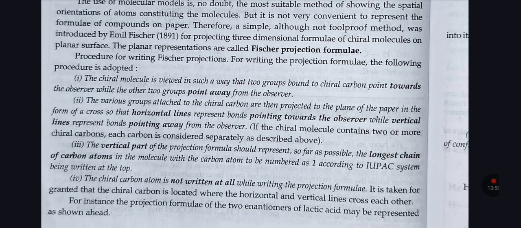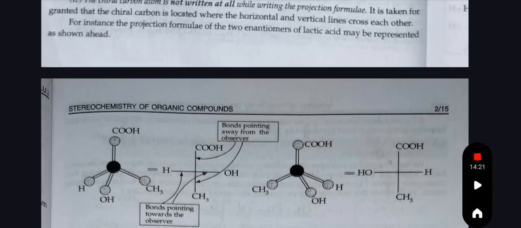Fourth, the chiral carbon atom is not written at all while writing the projection formula. It is taken for granted that the chiral carbon atom is located where the horizontal and vertical lines cross each other. For instance, the projection formulas of the two enantiomers of lactic acid may be represented as shown below. This figure shows the projection formulas of two enantiomers of lactic acid.